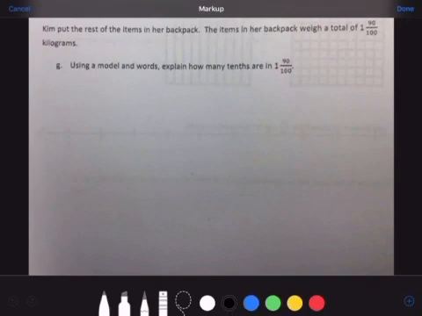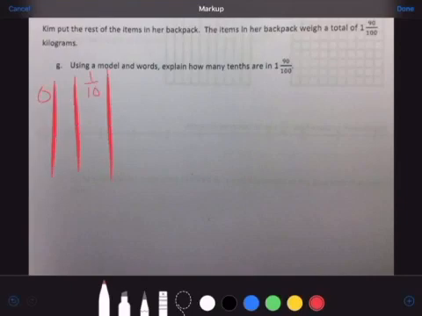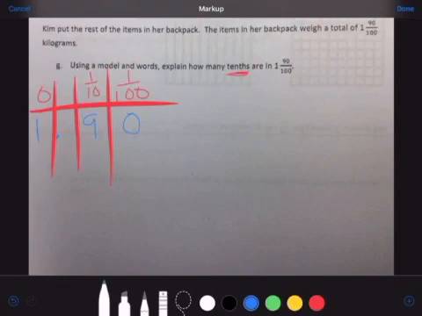So I'm going to start with my place value chart, where I have ones and then decimals and then tenths and then hundredths, and I need to explain how many tenths there are in 1.90. Well, already, hopefully we know that 90 hundredths divided by 10 over 10 would give us 9 tenths. So right there we have our 9 tenths.